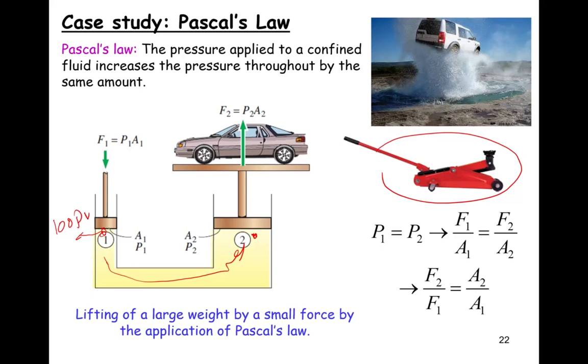What will happen? You see this surface in here is small. We apply a small force to a small surface, but because this pressure is transmitted to a larger surface, A2, the force would be area times pressure. So the pressure is the same here, but because the surface area on this side is larger, we can apply more force.